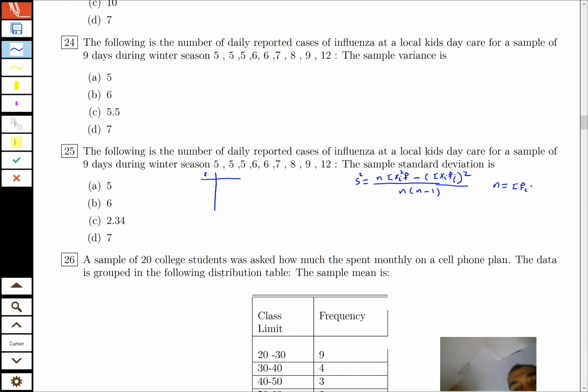We have xi, we have the frequency, we have xi times the frequency, and we have xi squared times the frequency. That's the table we would like to create. Now, I have 5 appearing 3 times, so 5 times 3 is 15, and 5 squared times 3 is 75.